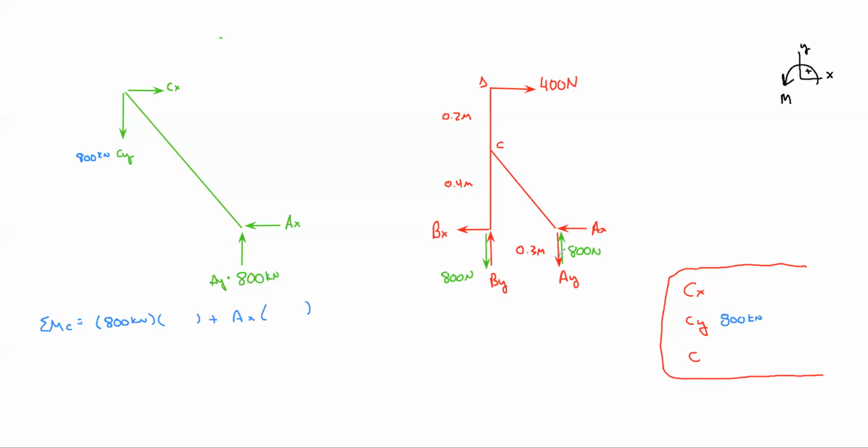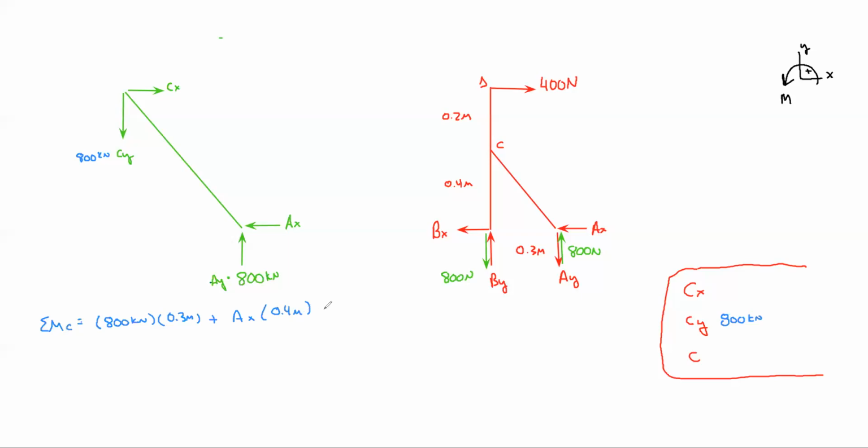For the 800 newtons, the perpendicular distance between point A and point C is 0.3 meters. And the perpendicular distance for AX to point C is given as 0.4 meters.